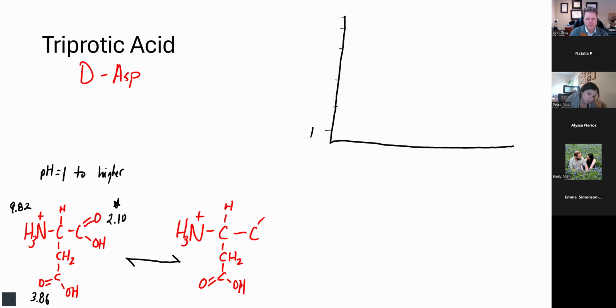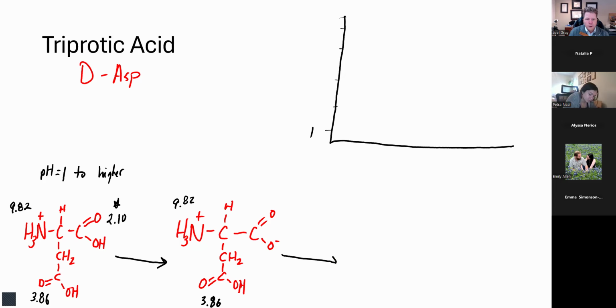My C termini has been deprotonated, so I've got O minus. After that, I'm going to write in my pKa values of the groups that remain, 9.82 and 3.86. I'm not going to write 2.1 because arguably I'm done with that.